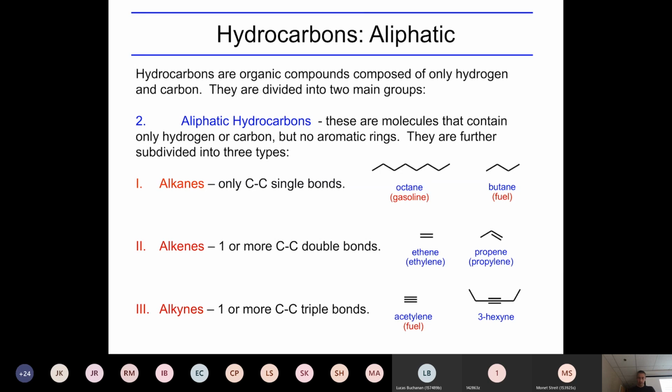Ethylene and propylene, the correct IUPAC names for those are ethene and propene. These are used to make plastic primarily. Polyethylene comes from ethylene, and polypropylene comes from propylene. Alkynes have 1 or more carbon-carbon triple bonds. So acetylene is an example here, with a carbon-carbon triple bond.